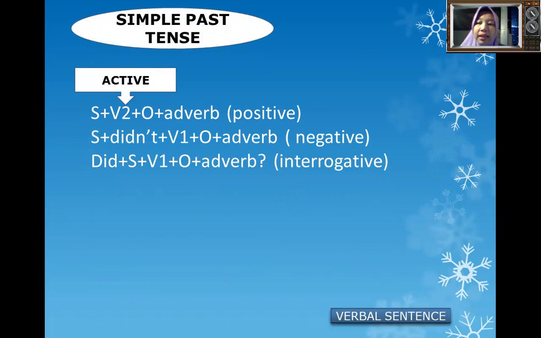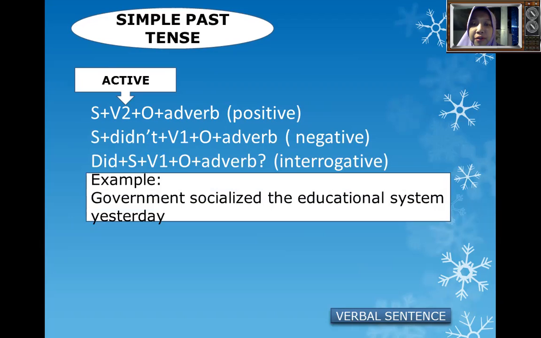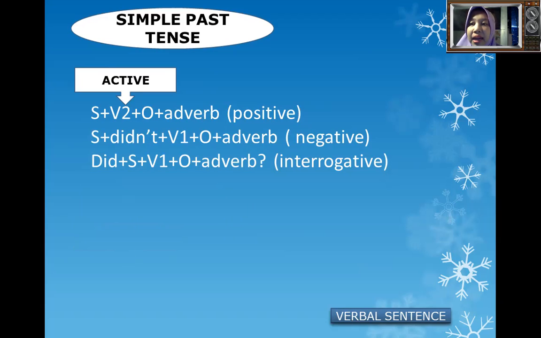Now let's see the verbal sentence, especially for simple past tense. It means that this sentence has an action verb. And this is the formula: positive, subject plus verb 2 plus object plus adverb. For negative, subject plus didn't or did not plus verb 1 plus object plus adverb.